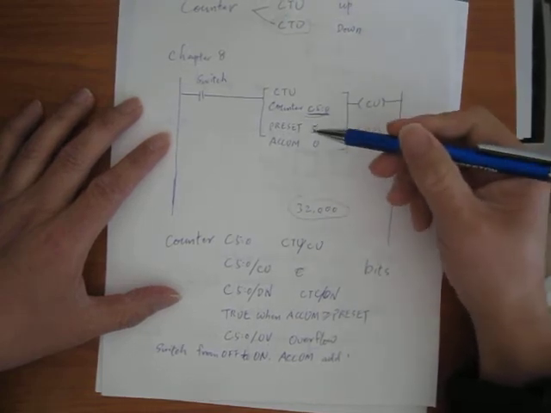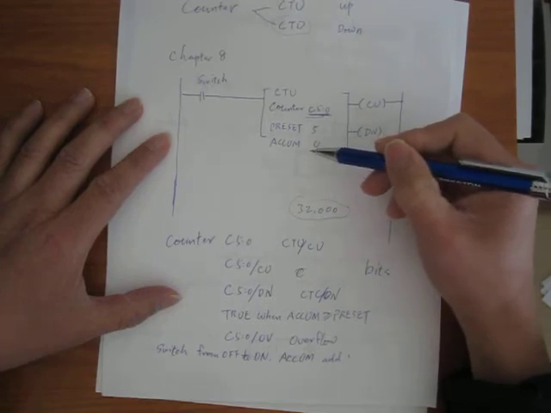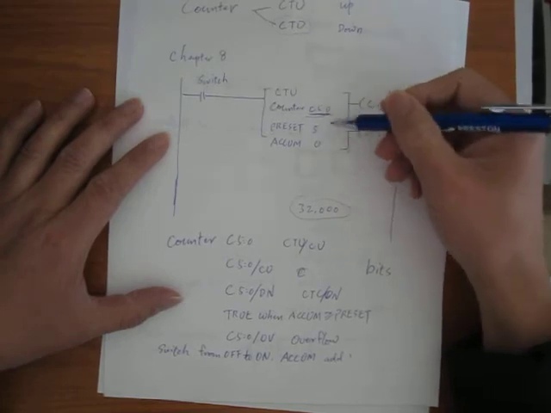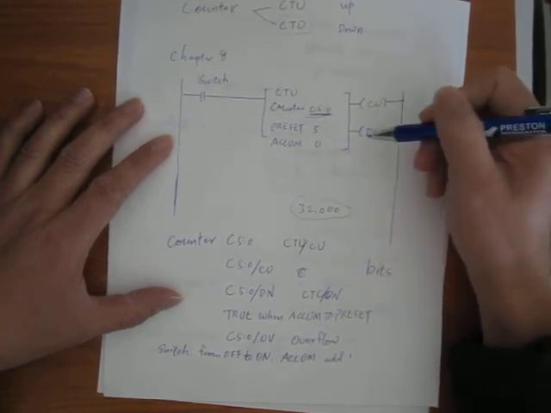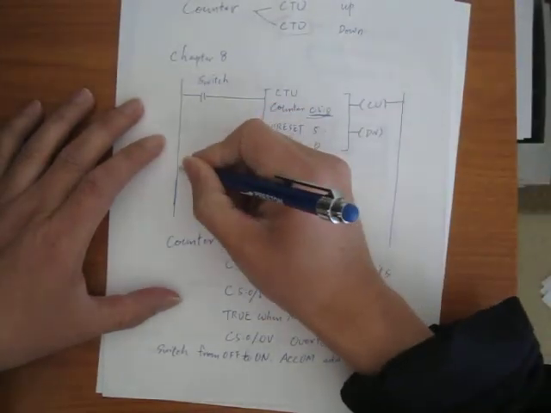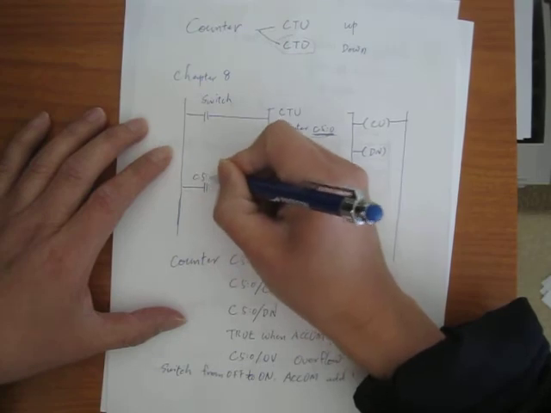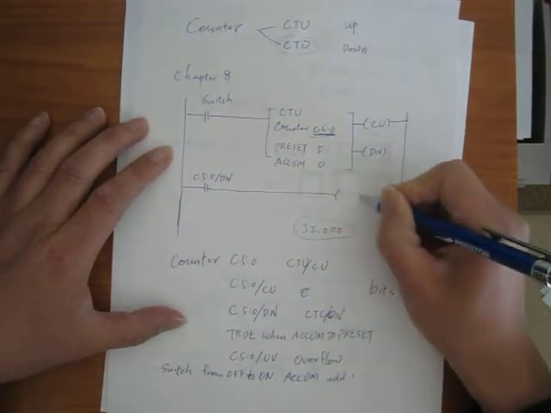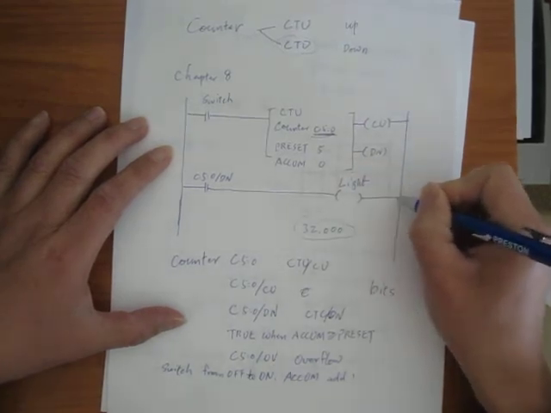Then how do you reset the accum? Let's say I counted 5 times, then I have a light come on, so you can use C50.DN, and then you turn a light on. Okay.